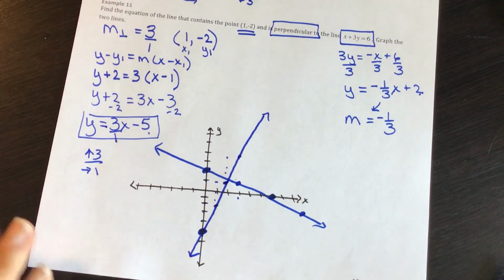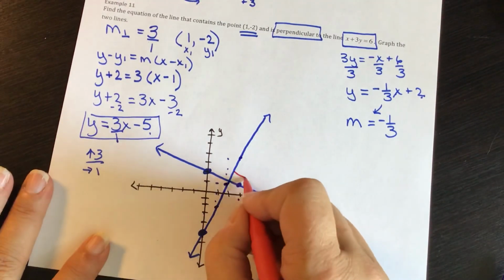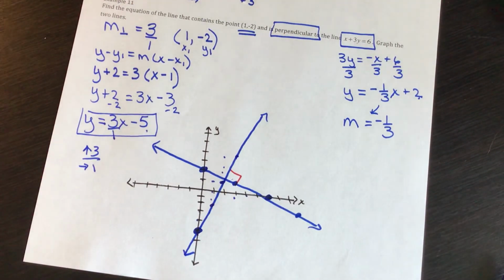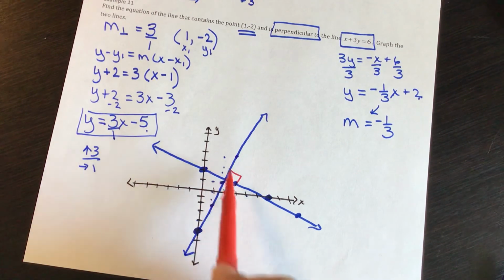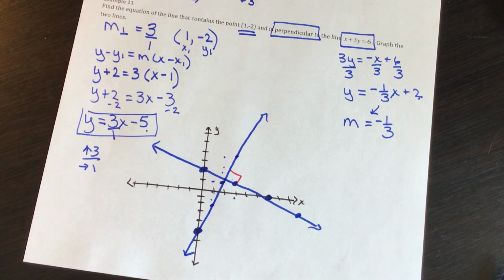And if you look at those lines, they do appear to be perpendicular because they appear to be right angles where the two lines intersect. Okay, so that's just kind of a check on that. All right, so we are all done with section 1.3.